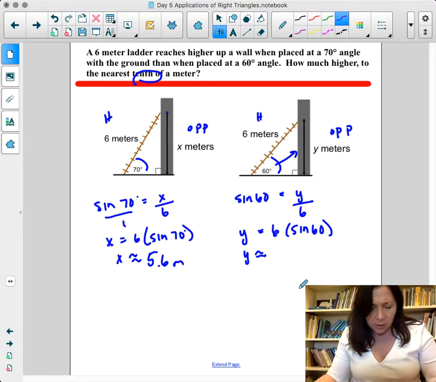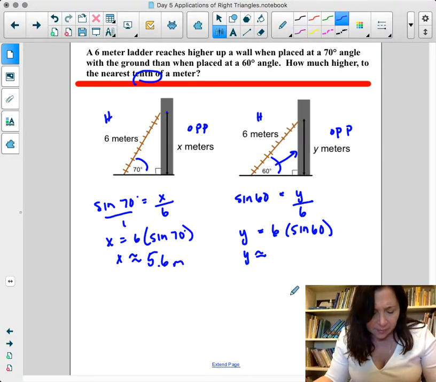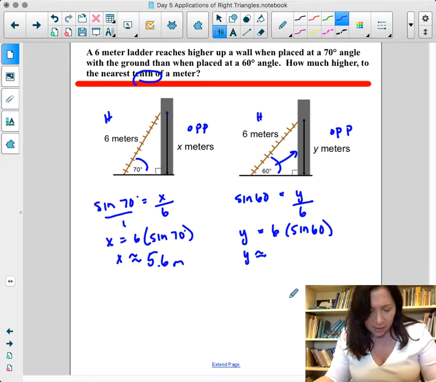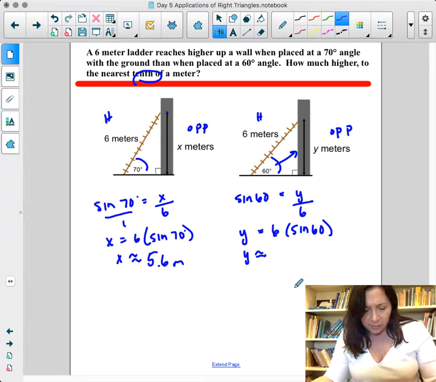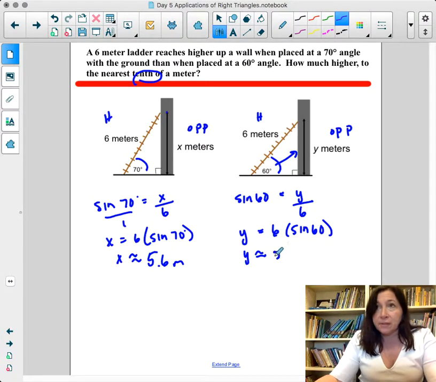And this one will be 6 times sine of 60 degrees. We multiply that by 6 and we get 5.2 meters. In doing that, one is higher than the other.